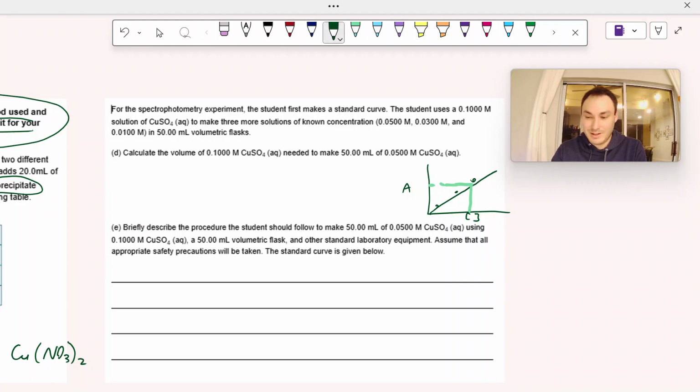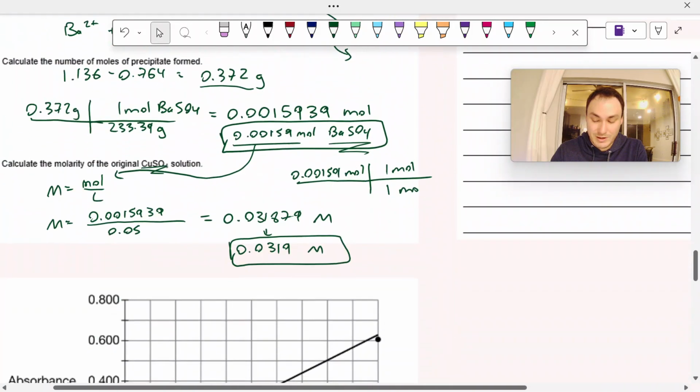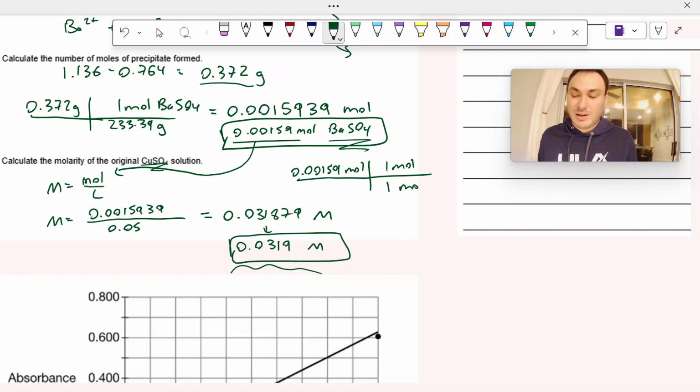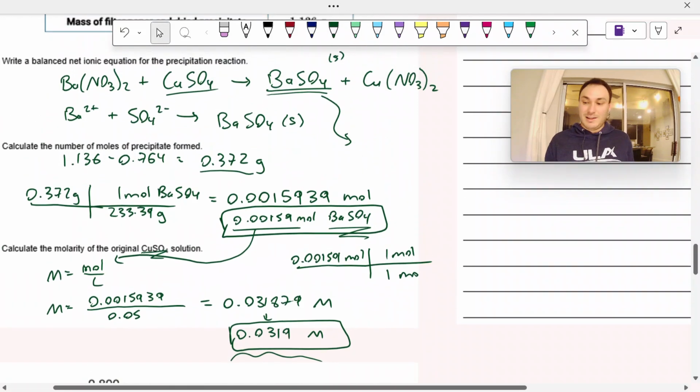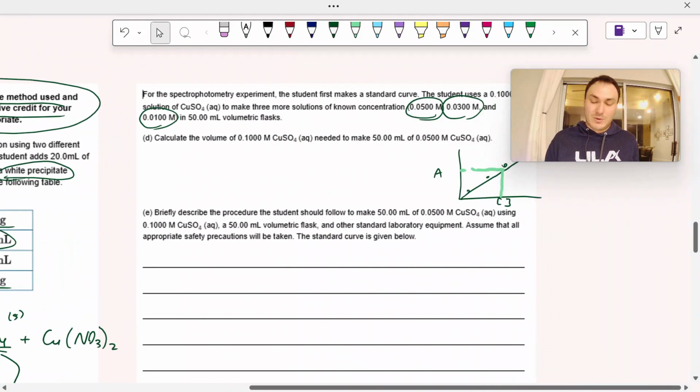What's really interesting is the concentrations are 0.05, 0.03, and 0.01 for the copper sulfate. The copper sulfate concentration I found over here was 0.03. So that's a little bit of self-verification. I feel like I got that one right because those calibration points make sense for this concentration here. It's in the range of those calibration points. But anyway, let's do the question.